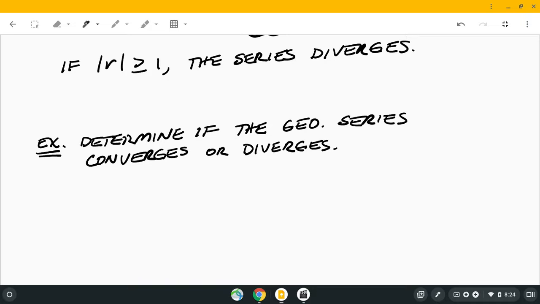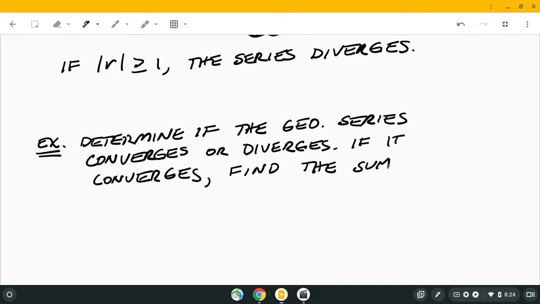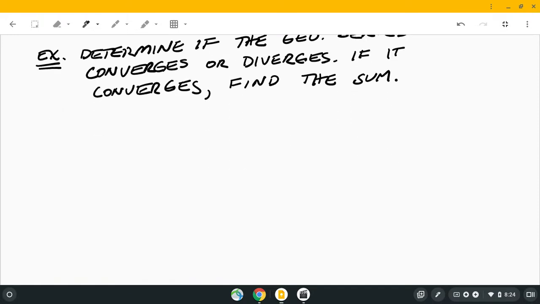If it converges, find the sum. Okay, so let's take a look at this first example.